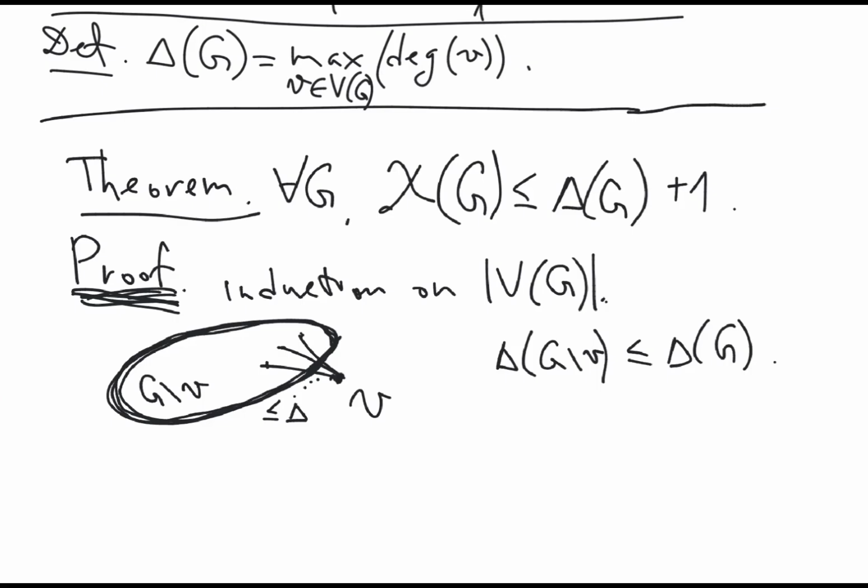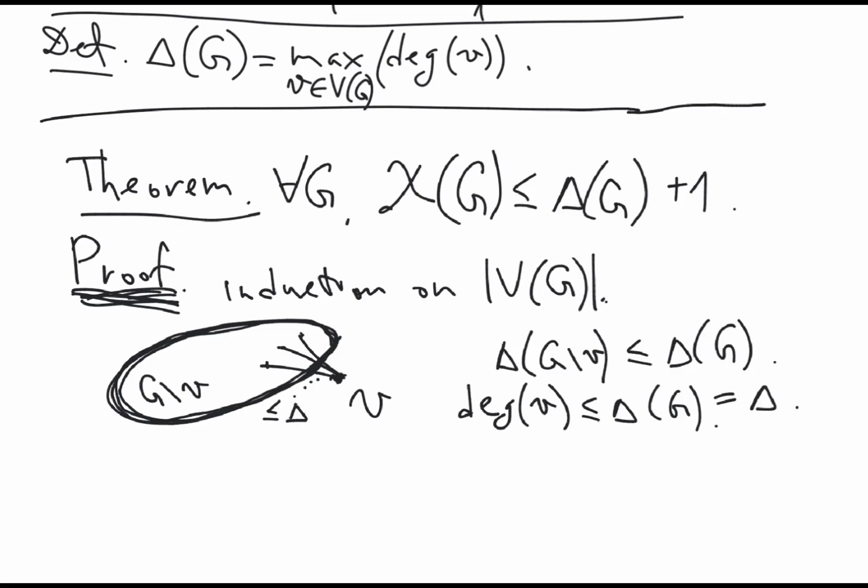So the degree of v is less or equal than delta. Let's denote delta of G just by delta, for convenience.